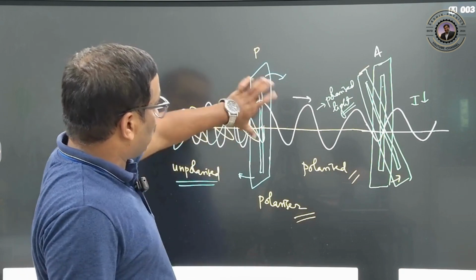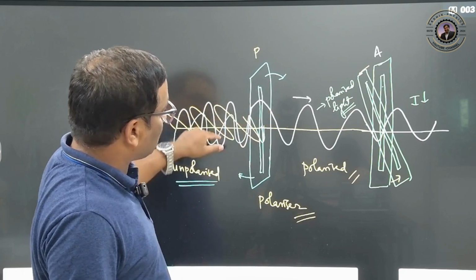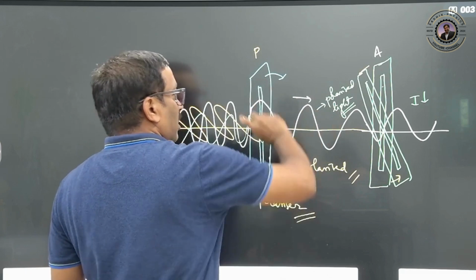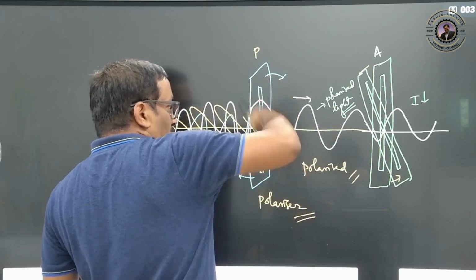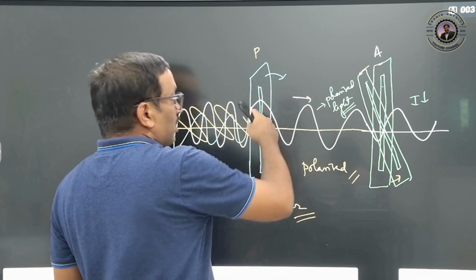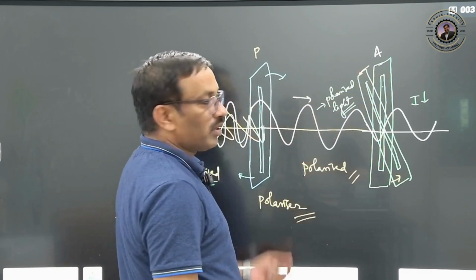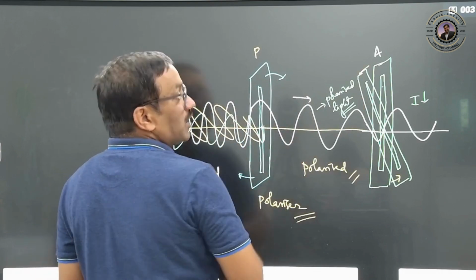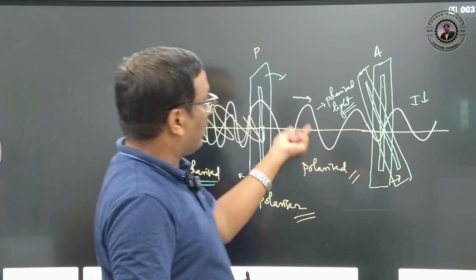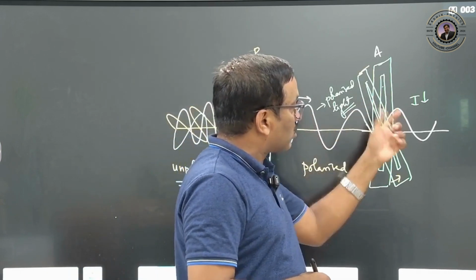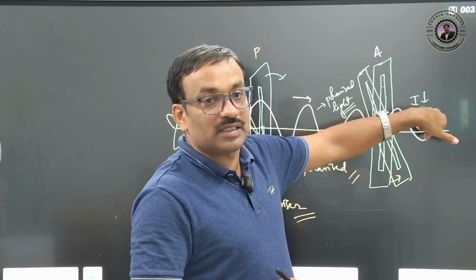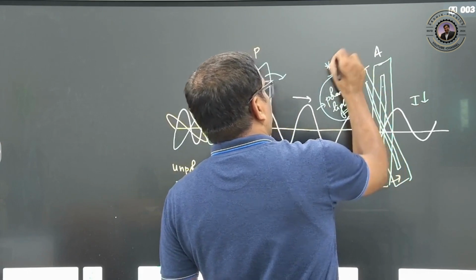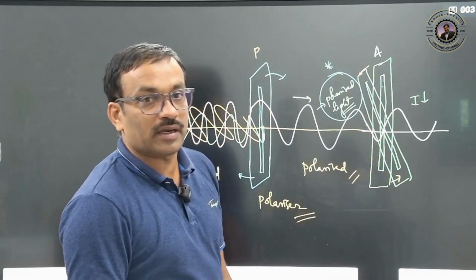If unpolarized light is falling, then while rotating, along every direction that wave comes out, therefore it is said to be unpolarized light if the intensity does not change. But if polarized light is falling on this and you rotate it, the intensity changes, then it is said to be polarized light. This is the confirmation we are able to get.